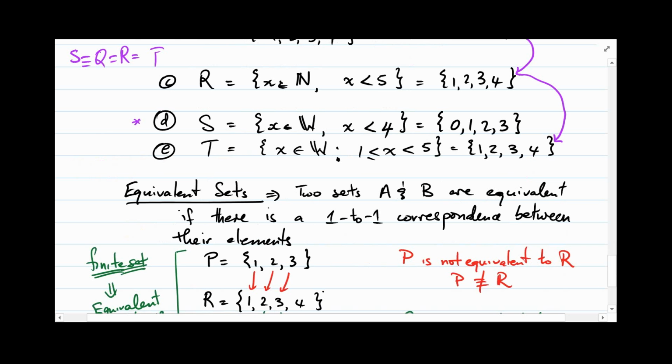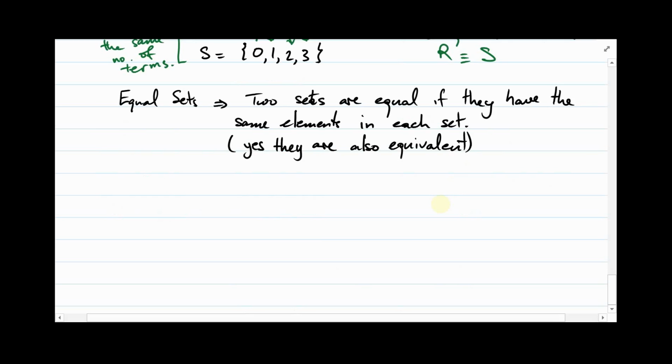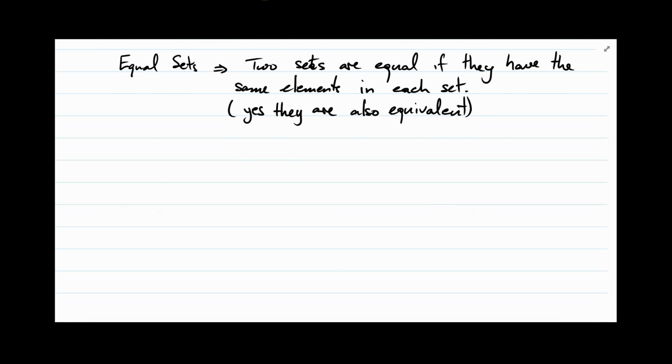Okay. Right. In the same way, we could also say that the natural numbers, which were 1, 2, 3, this is an infinite set now, versus the whole numbers. These were equivalent sets. I could set them in a 1-to-1 ratio.